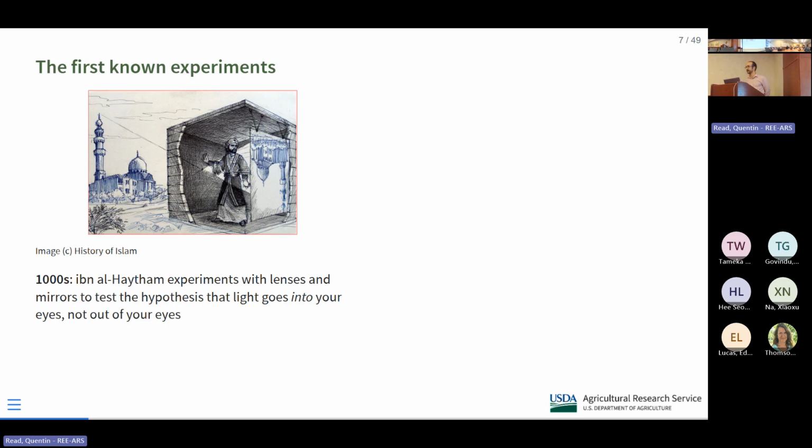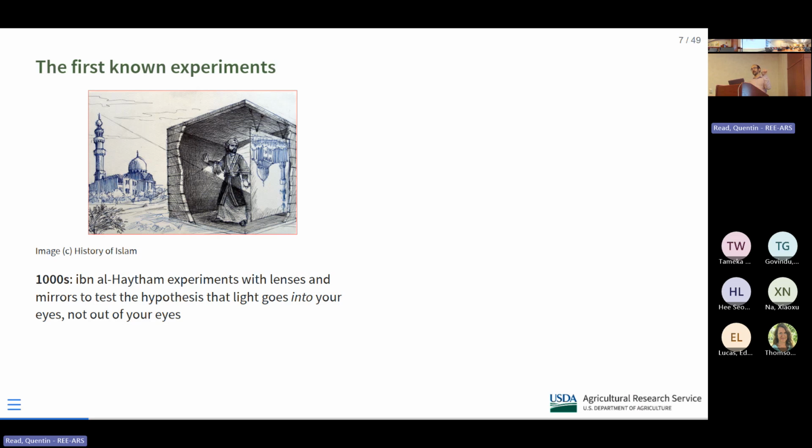All humans have experimented since the beginning of prehistory, but the first formal, controlled scientific experiment that we can trace back to and still have knowledge of was about 1,000 years ago in the Middle East, by a very smart dude named Ibn al-Haytham.